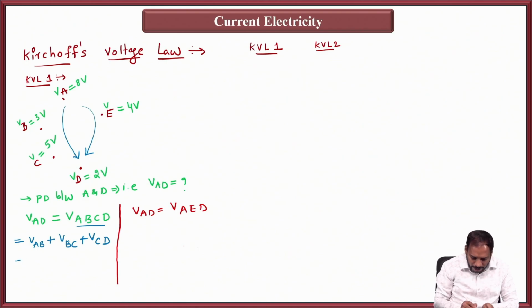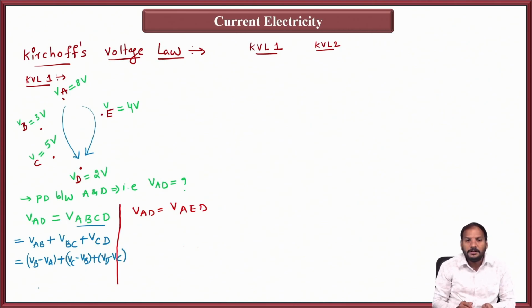So what is VAB? VAB is nothing but VB minus VA. You know the well-known formula for the voltage between A and B: potential at B minus potential at A. Similarly, VC minus VB plus VD minus VC.